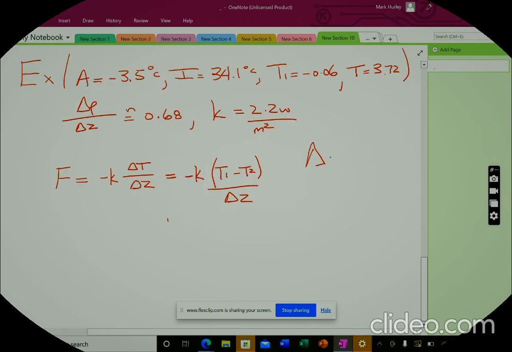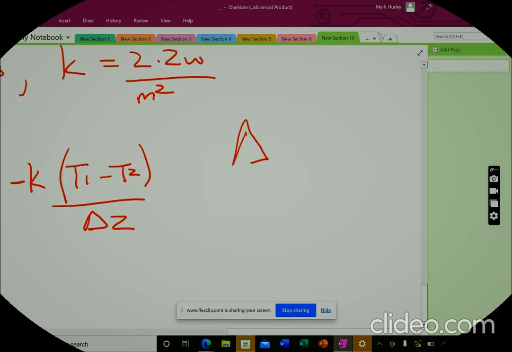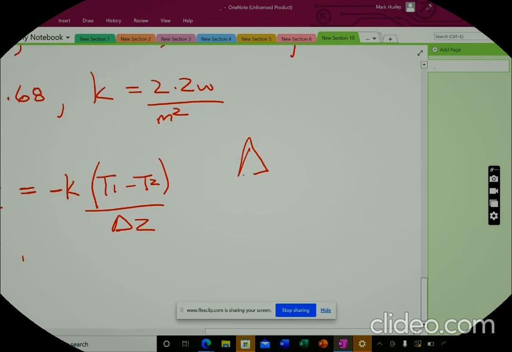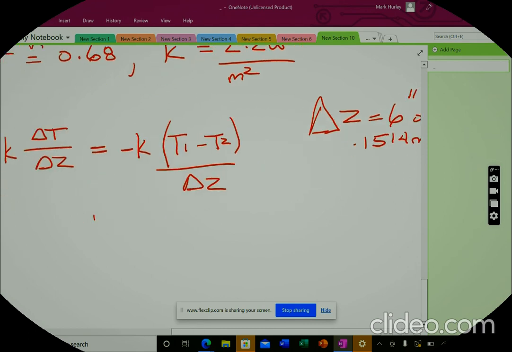So delta Z was equal to 6 inches, or 0.1514 meters, because this has to be in meters. 1D heat flux.